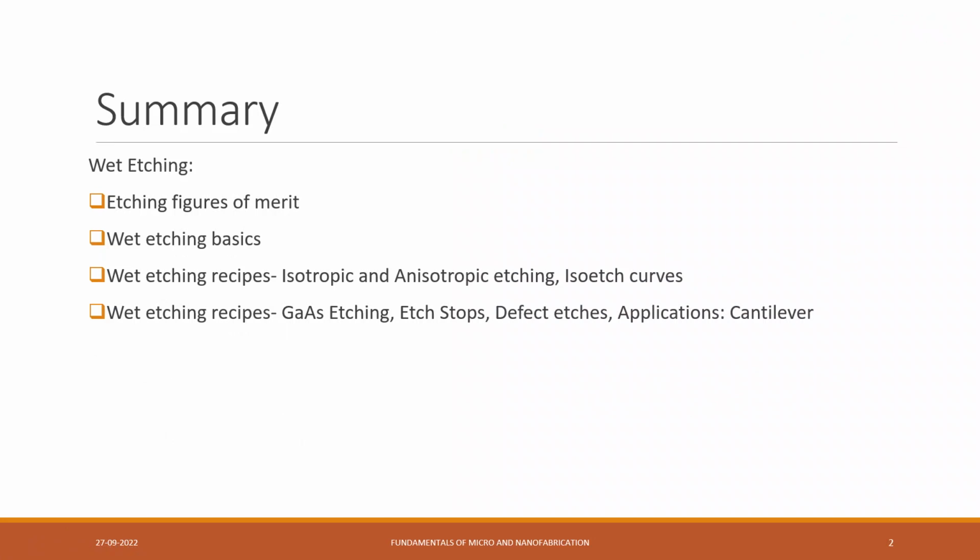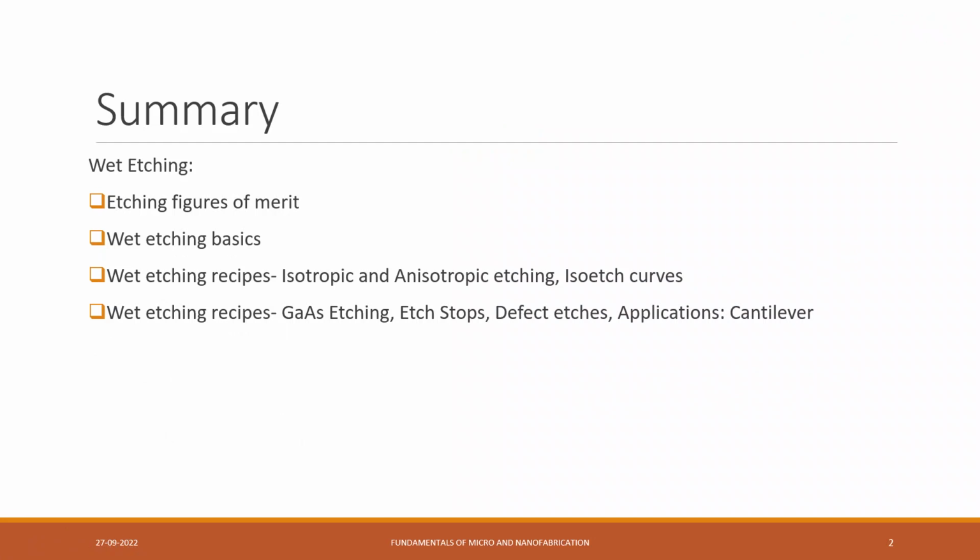We also see something called the iso-etch curves, where we get to know how the chemical components involved in etching affect the etch rates, and what the role of each component is.